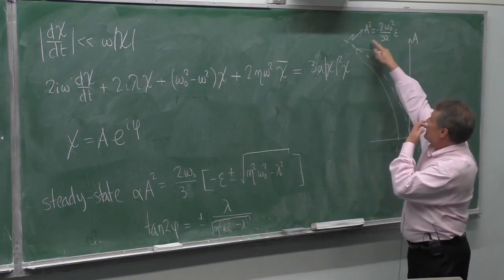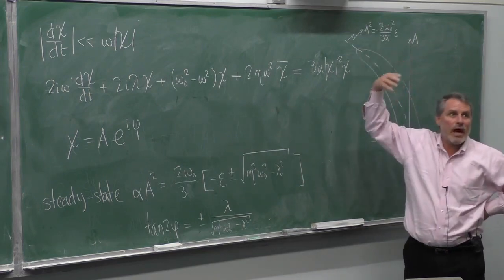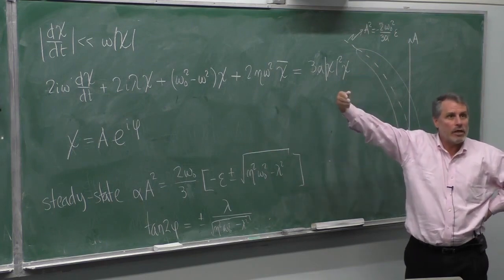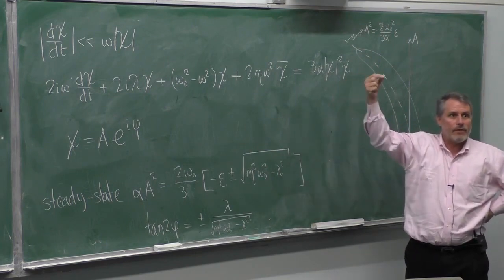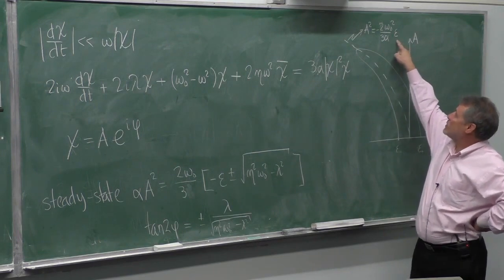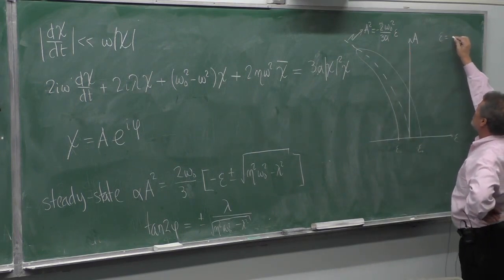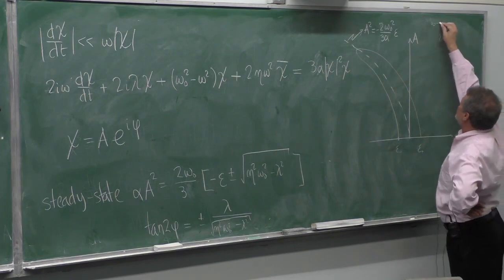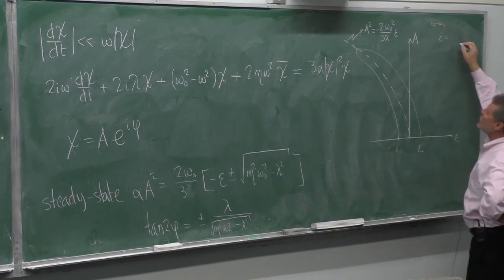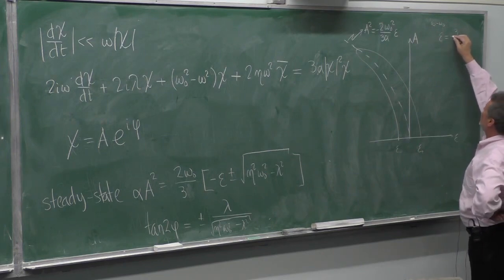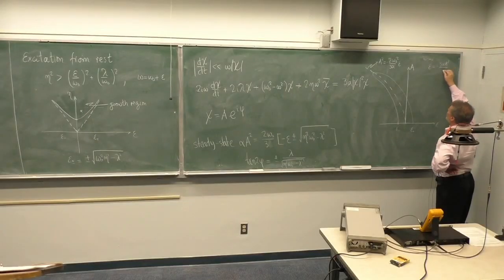So notice that this is the same result we have already obtained in the past for a free nonlinear oscillator. The frequency difference, epsilon, which is omega minus omega naught, is equal to 3 alpha A squared over 8 omega.